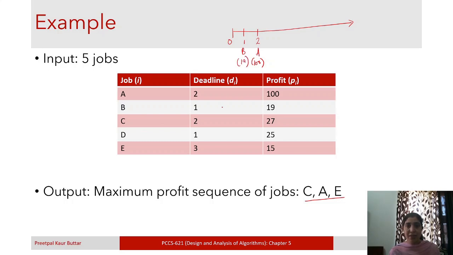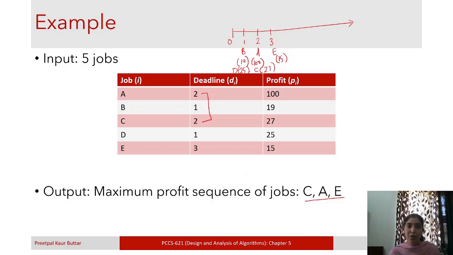Then we have C, giving us a profit 27, and its deadline is the same as that of A, that is 2. And we have another job D with deadline 1 and profit 25. And we have another job E whose deadline is 3 and it is giving us the profit 15.